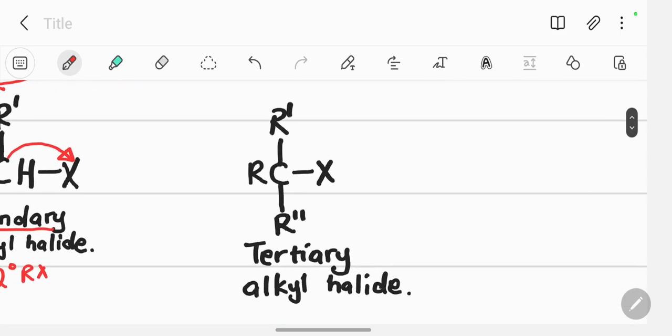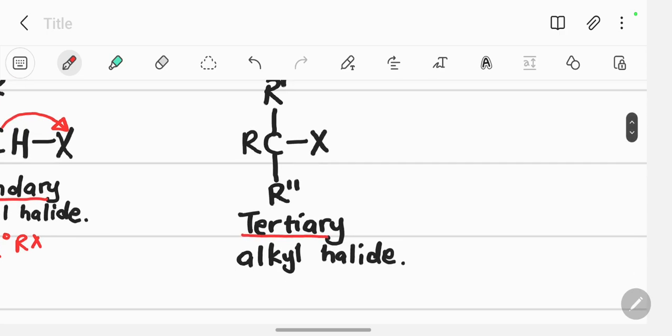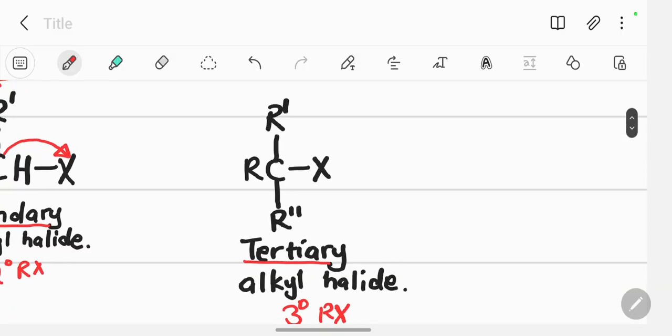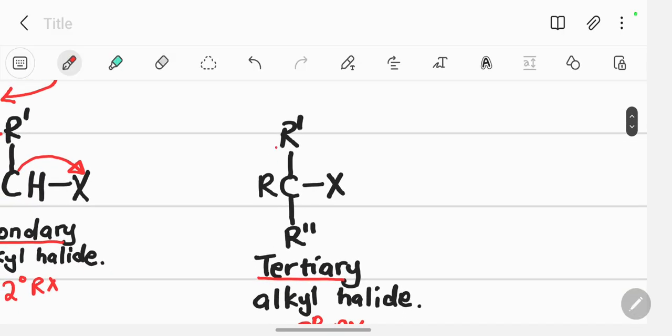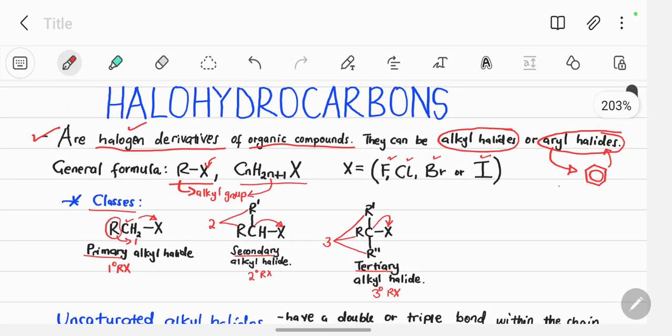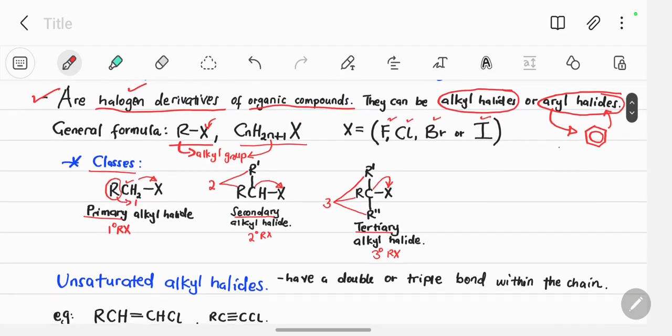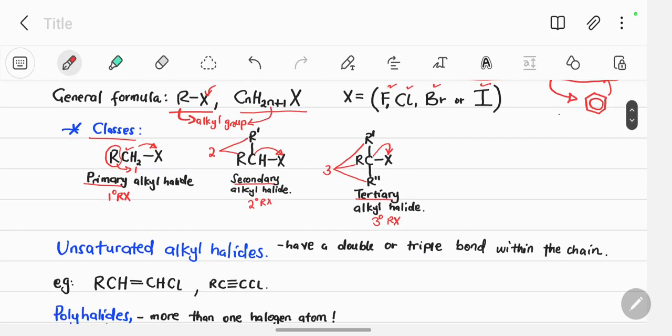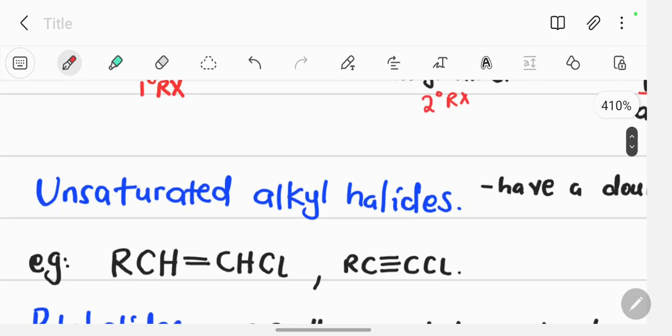Then when we move on to the tertiary, we shall have tertiary alkyl halides, and these tertiary alkyl halides are having three alkyl groups directly attached to the carbon atom having the halogen. So that is it for the classes. Then we can also categorize them under saturated and unsaturated.